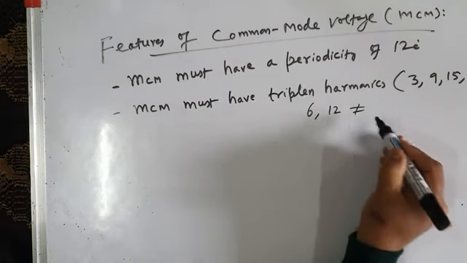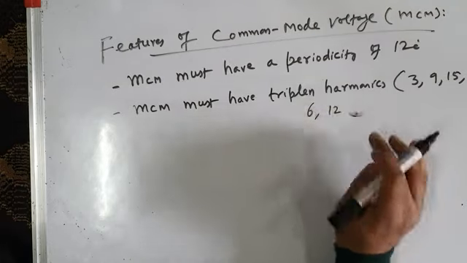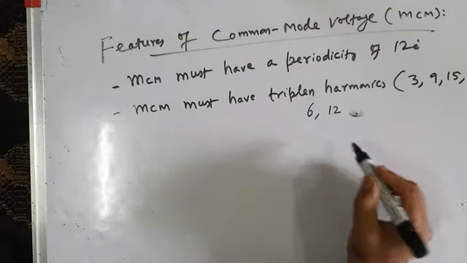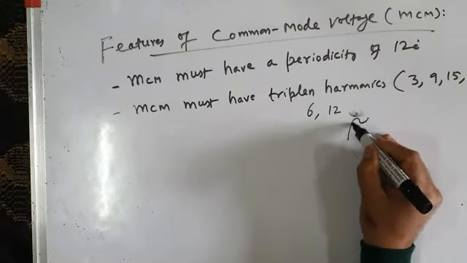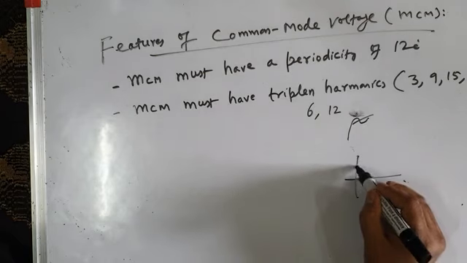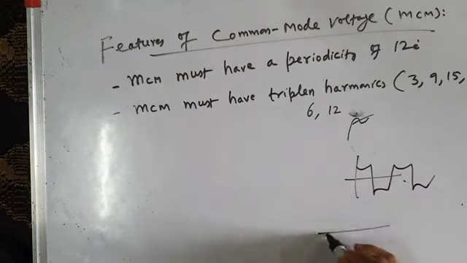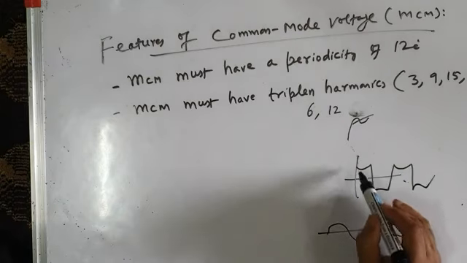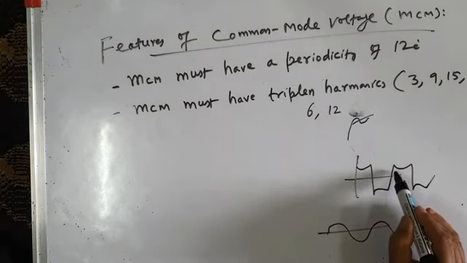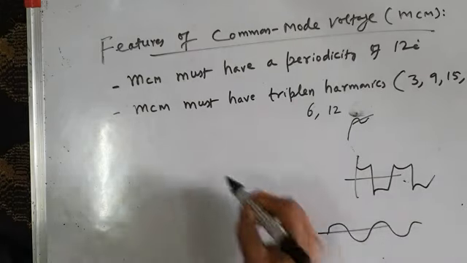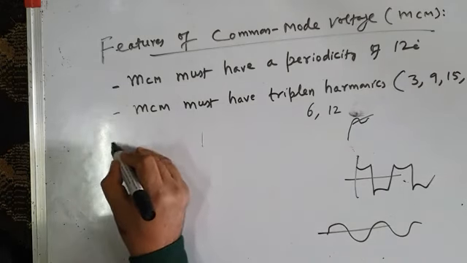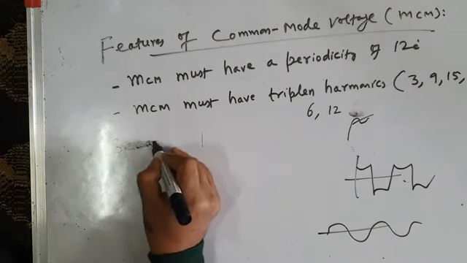These are not there in the MCM, because MCM is like this, or it is like this. Since this MCM has half wave symmetry, even harmonics will not be there in it.